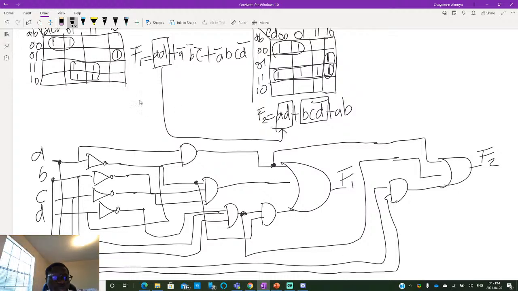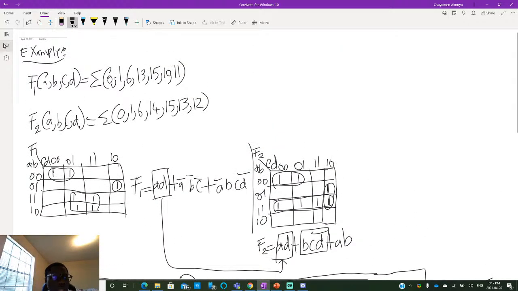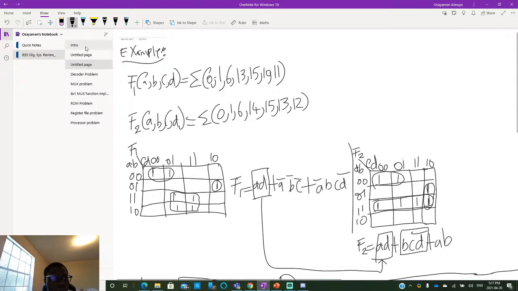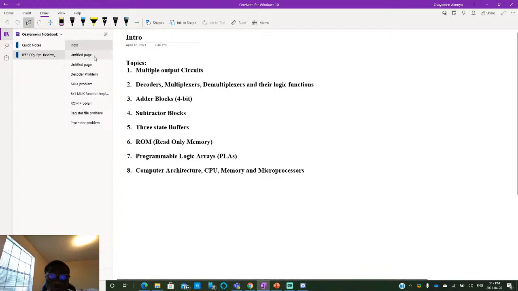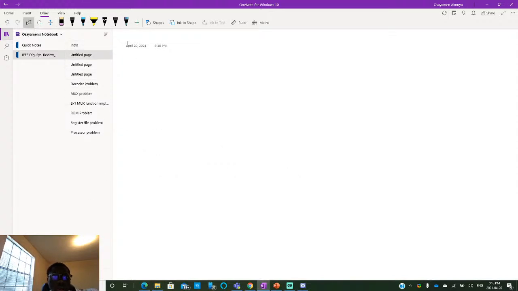Okay, so let's move on to a different topic. Our next topic is decoders, multiplexers, and demultiplexers. Add another page here.